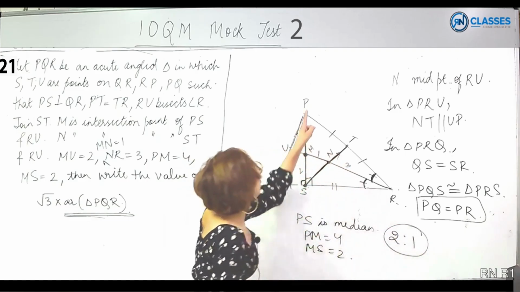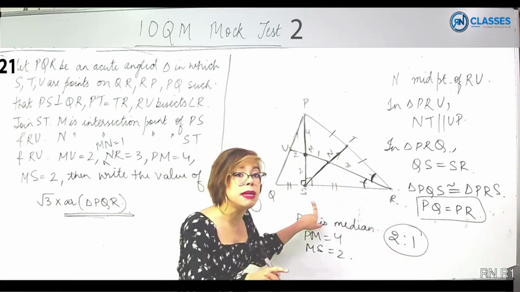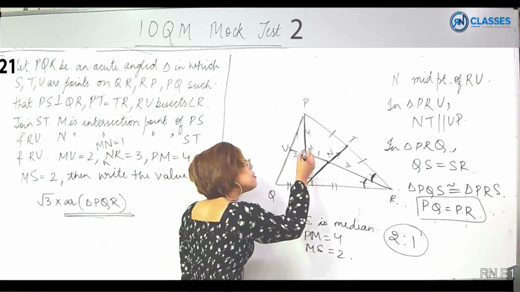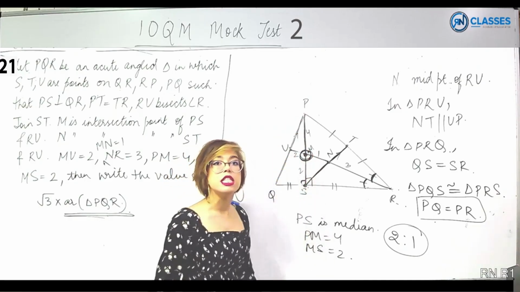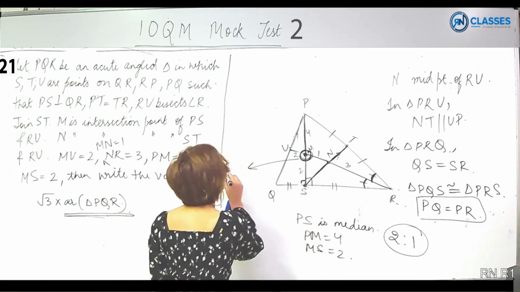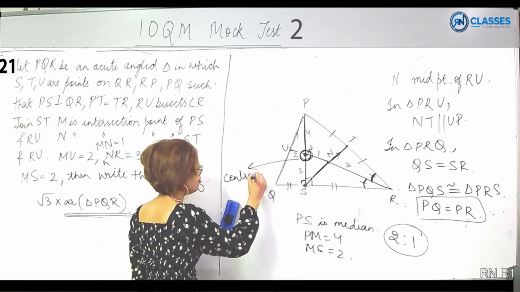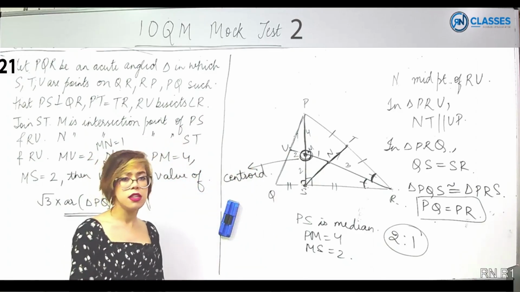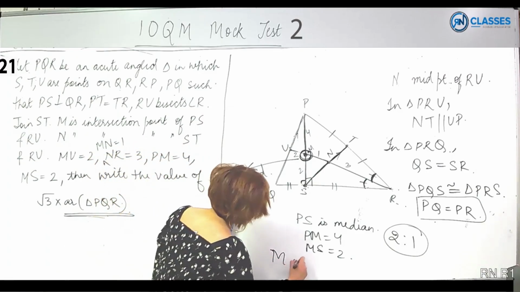There is a point on the median which divides the median in the ratio 2:1. That means this is a very special point. This point is nothing but the centroid of the triangle. Observation number 3, I guess now. Now, M is the centroid.